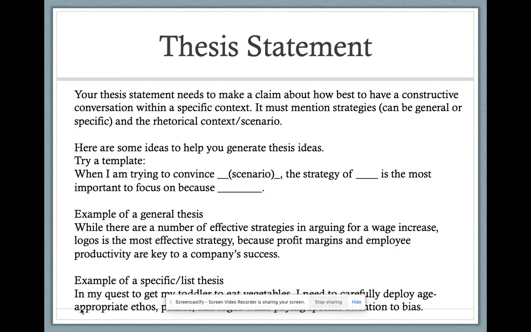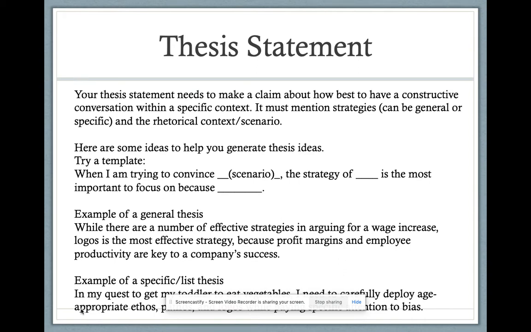For your thesis statement, it should make a claim about how best to have a constructive conversation within that specific context. It must mention strategies that can be general or specific, and also it should explain that rhetorical context or scenario. This is one of the templates that we give you in the assignment sheet. The template is this: When I'm trying to convince blank, the strategy of blank is the most important to focus on because of blank.